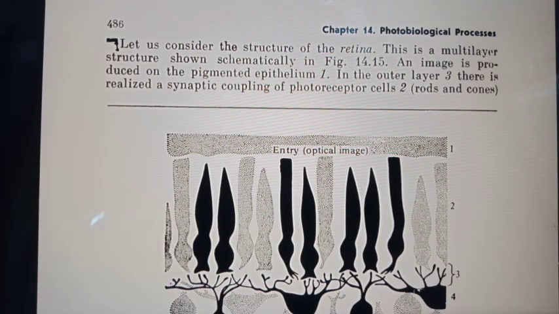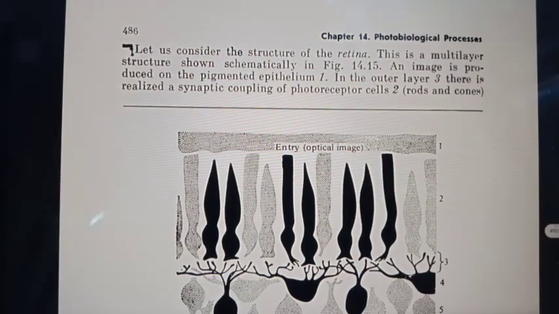Let us consider the structure of the retina. This is a multi-layer structure shown symmetrically in the figure. An image is produced on the pigment epithelium in the outer three layers.